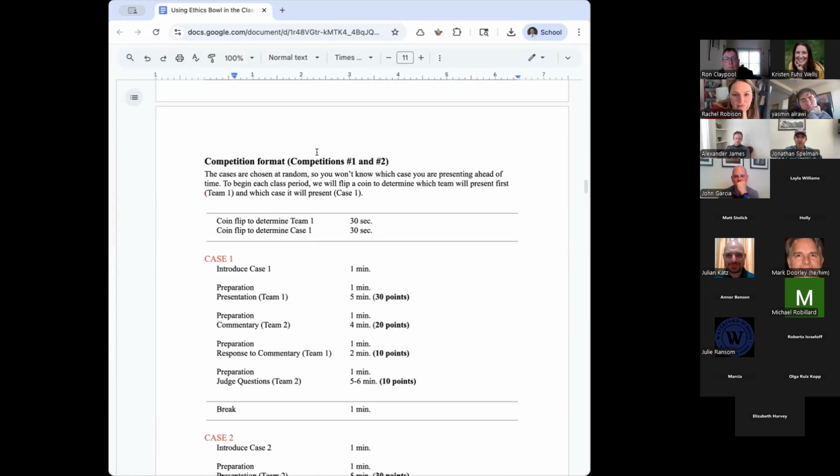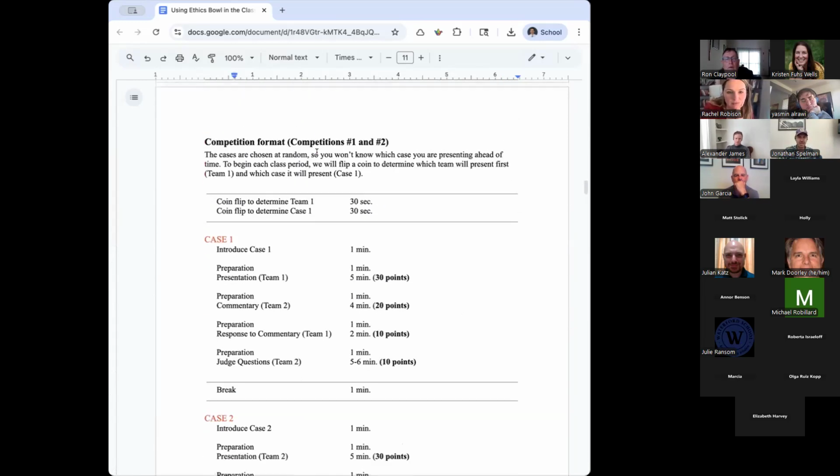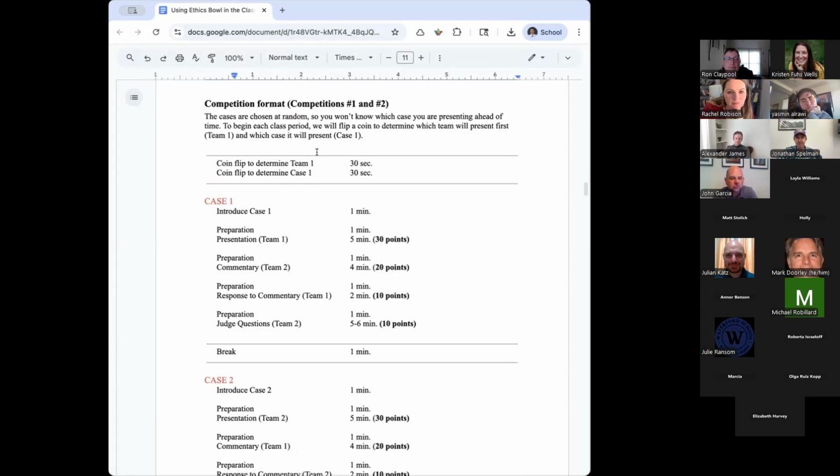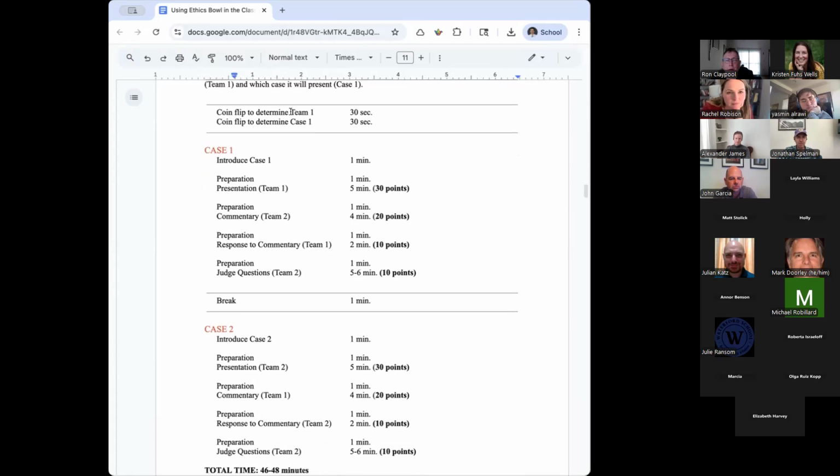Lower down on here, you can see some of this for yourself. Okay, how did the timing work for the competition? We had a coin flip to determine which team would go first, and then a coin flip to determine which case was going to go first. So we didn't let them pick whether they went first or second, or which case they had.